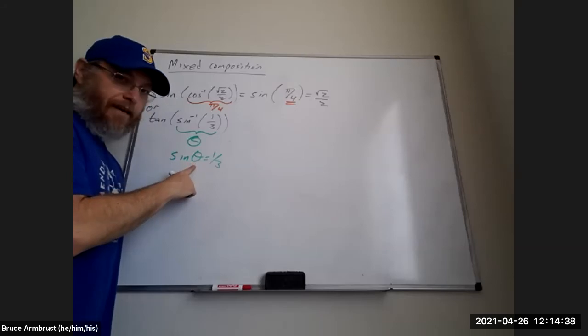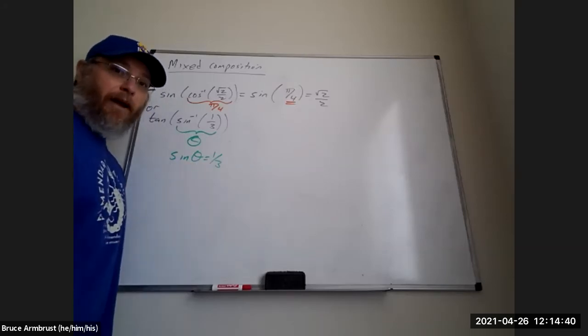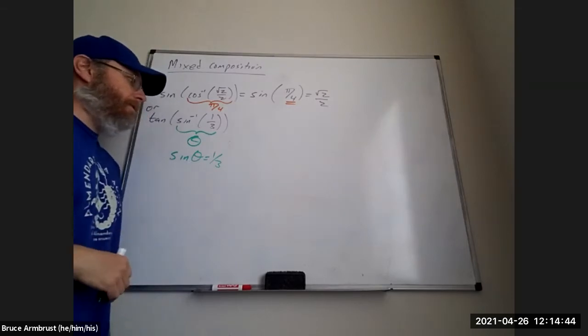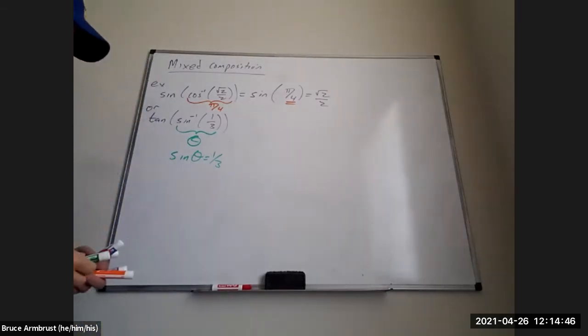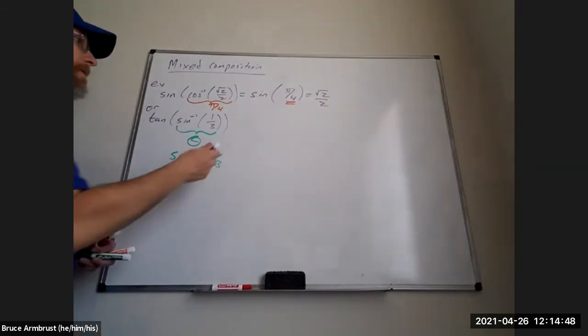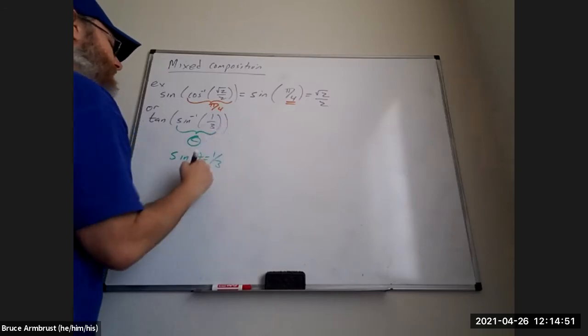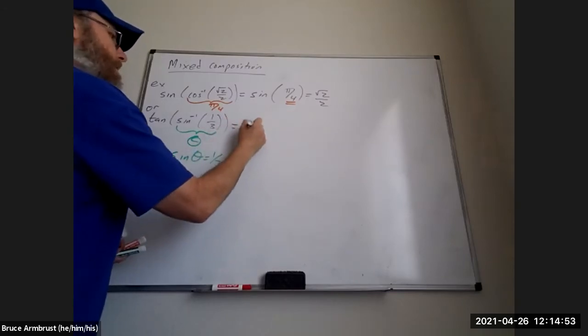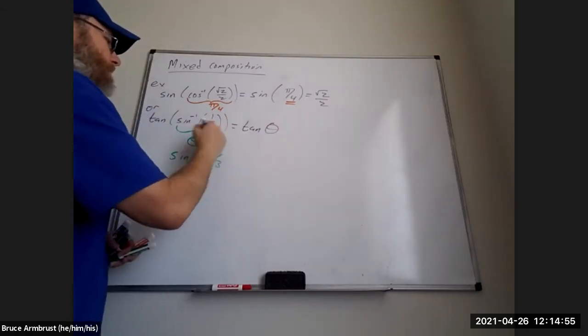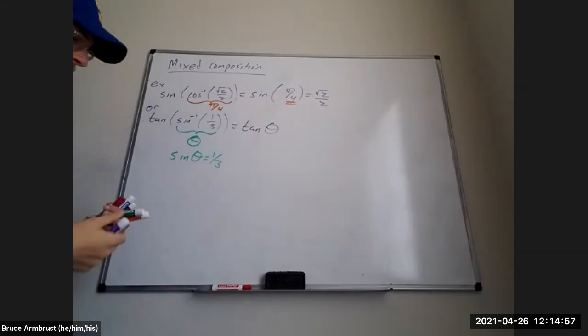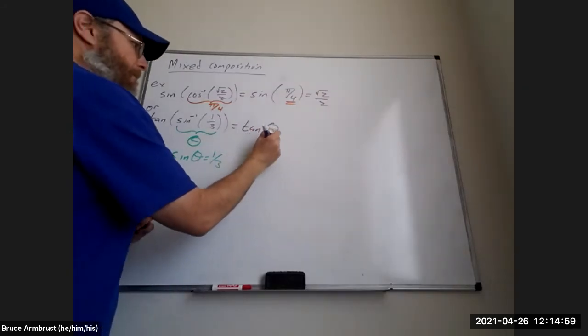And this guy theta is somewhere between minus pi over 2 and pi over 2. But we know that the sine is equal to 1/3. So if we can calculate that theta, then what we're looking for is the tangent of that theta, right?